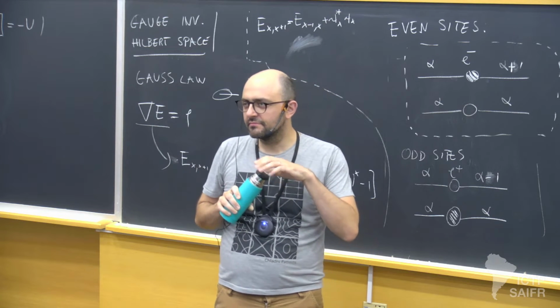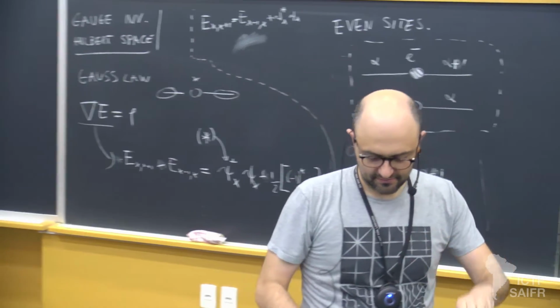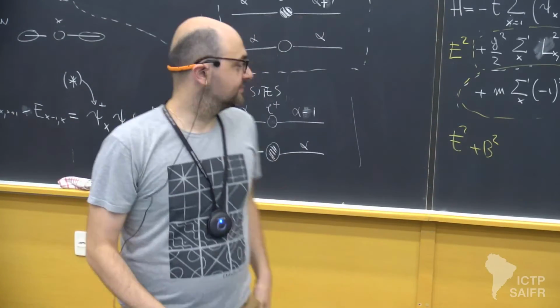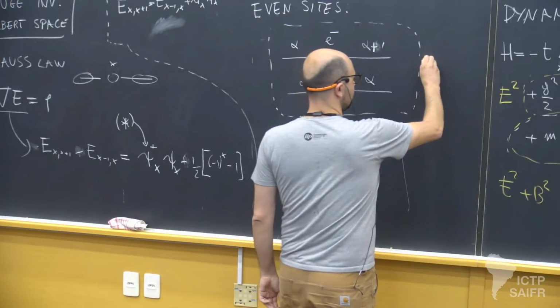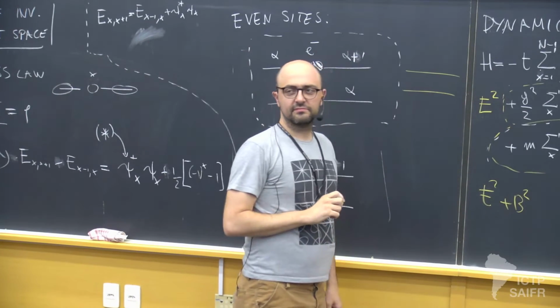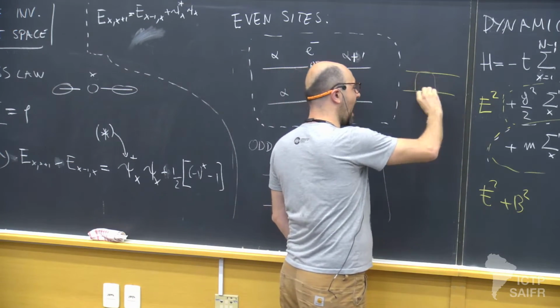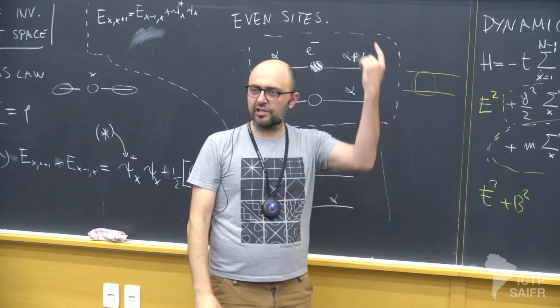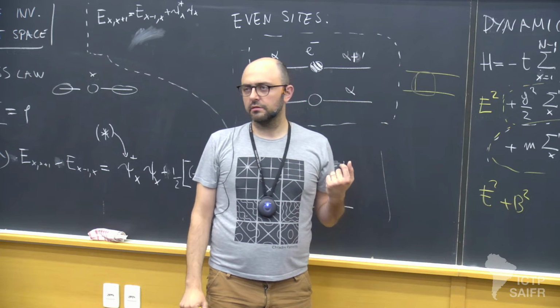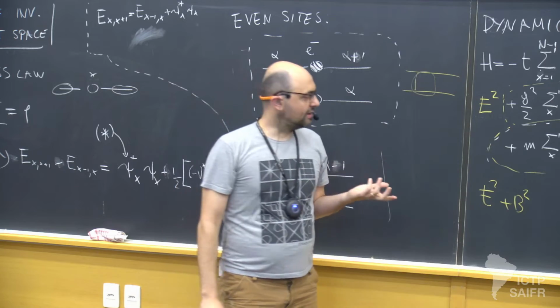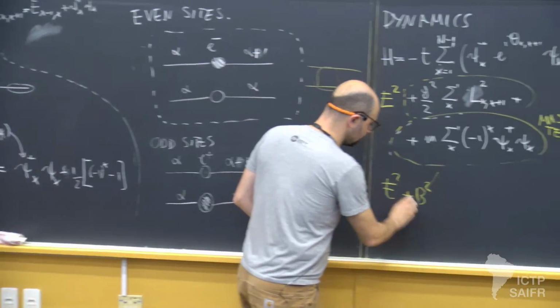No. Magnetic fields in one dimension do not exist, right? You need at least two legs of a ladder to define a magnetic field, because you need to move a charge around a plaquette to generate a magnetic field. In one dimension, magnetic field terms are absent.